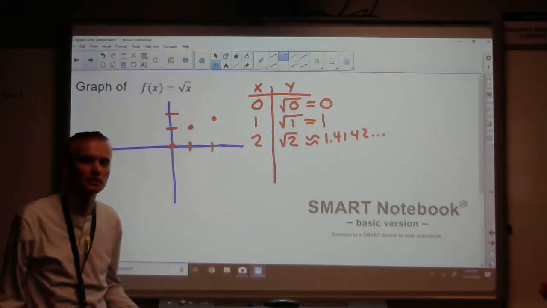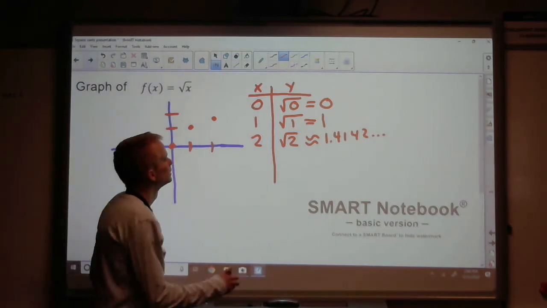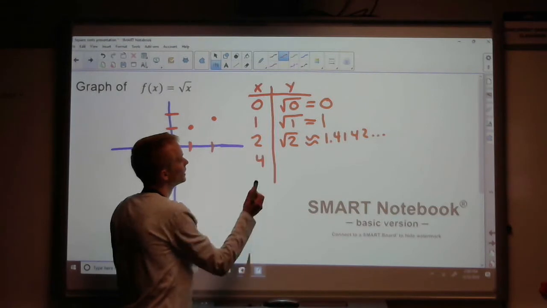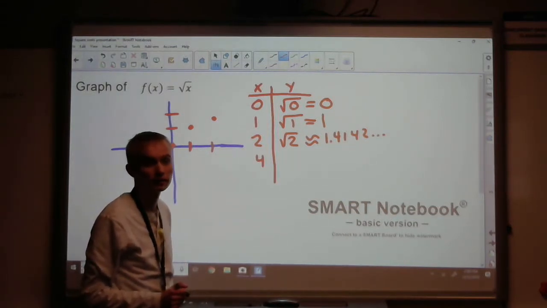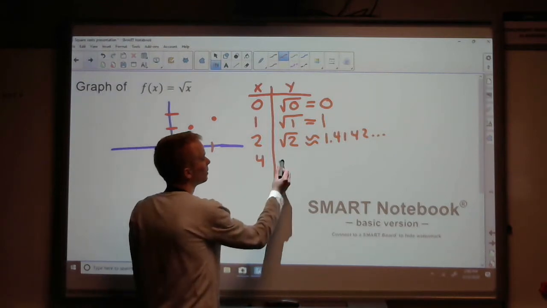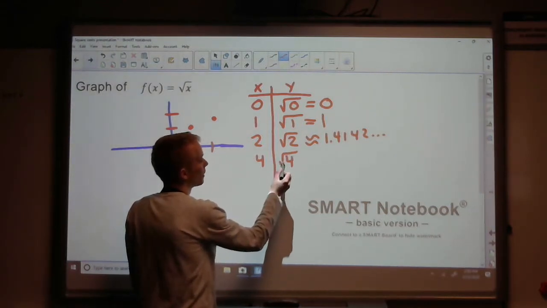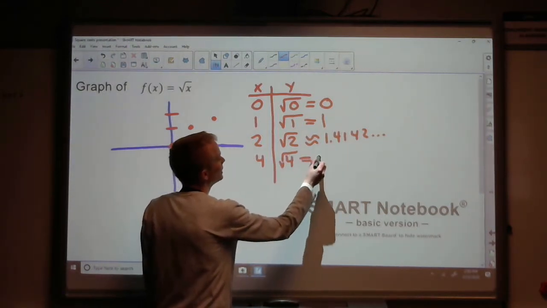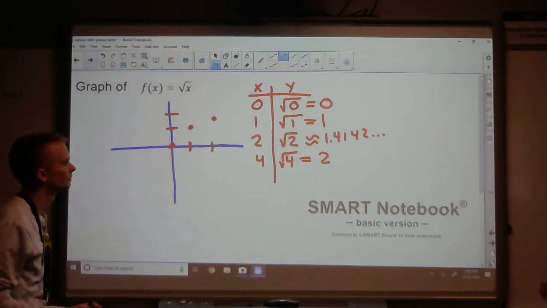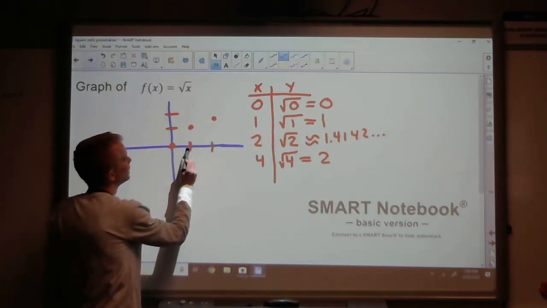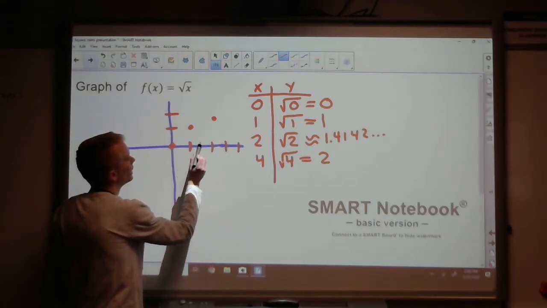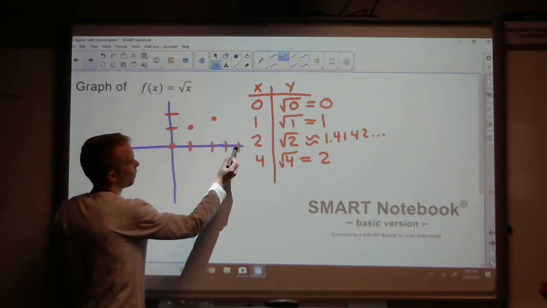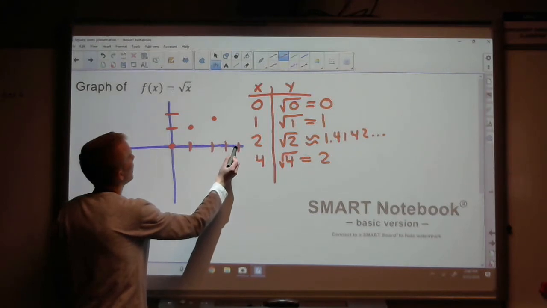In other words, that's a perfect square. Well, 4 is our next perfect square, right? It's 2 squared, okay? So when I plug that in, I get the square root of 4, which is 2.